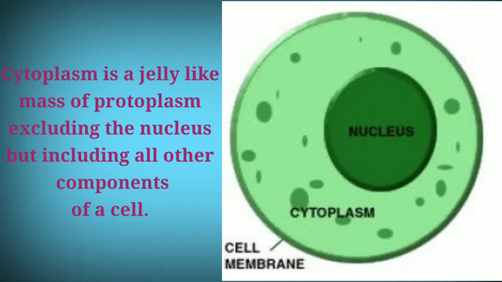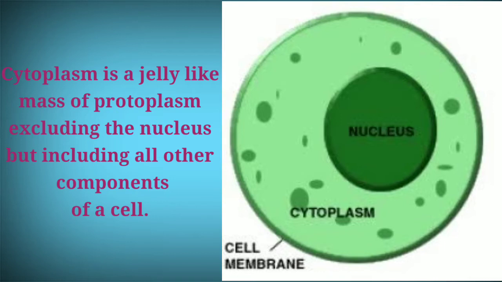That means in the protoplasm, we generally distinguish two parts. One is the cytoplasm and another is the nucleus that remains inside the cell. And this is the living part where all the functioning of a cell takes place.